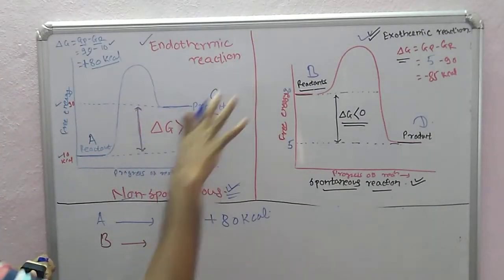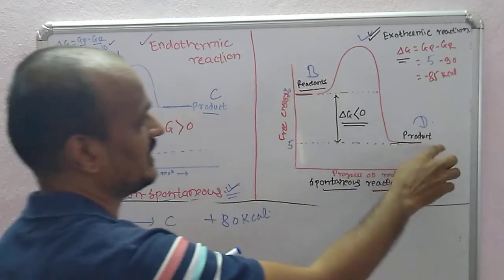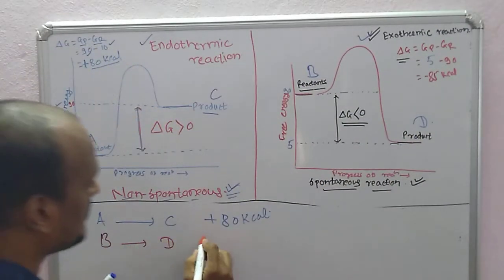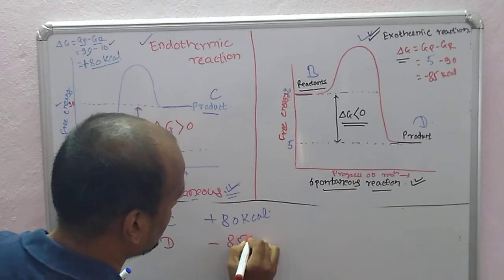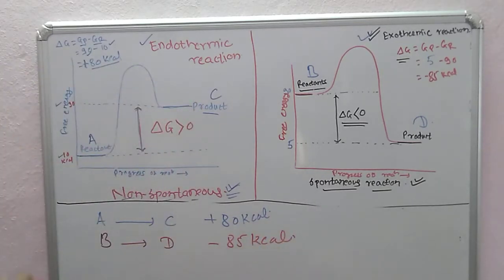So A to C is plus 80 kilocalorie, and B to D conversion is minus 85 kilocalorie. Can this reaction progress?